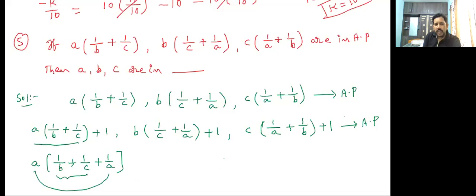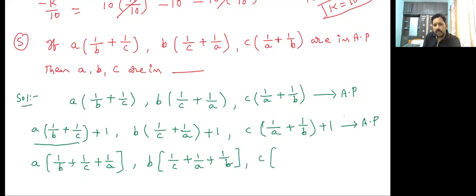A into 1 by A, is it 1 or not? Yes. Similarly, do the second term also: B into 1 by C plus 1 by A plus 1 by B. Third term, C into 1 by A plus 1 by B plus 1 by C. This is also AP series.